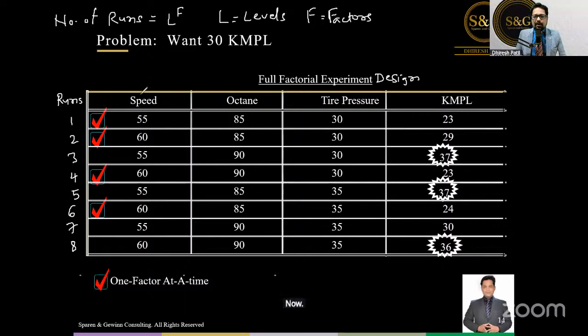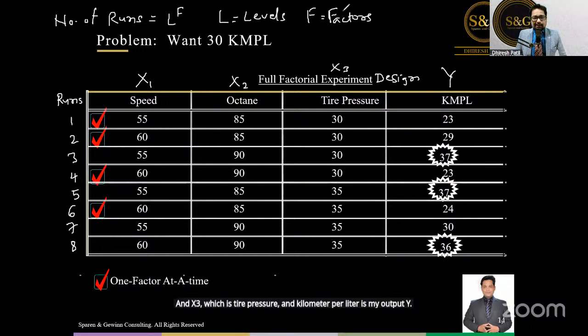Now, if you remember, here we have 3 factors. What are those 3 factors? X1, which is speed, X2, which is octane, and X3, which is tire pressure, and kilometer per liter is my output. So my factors are 3 and my levels are 2. Every factor has 2 levels. Speed is 55, which is minus, and 60, which is plus.